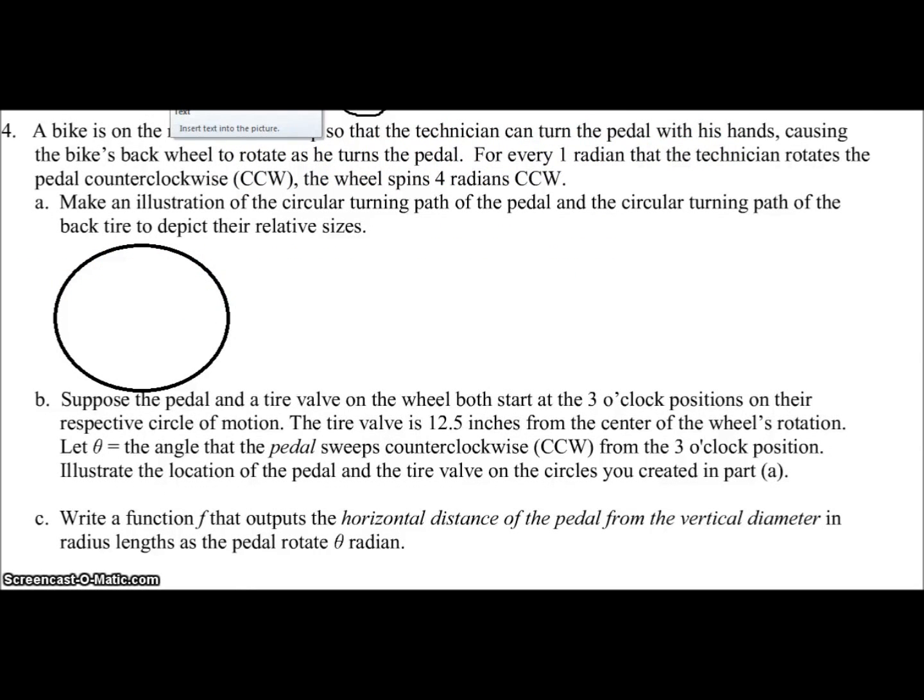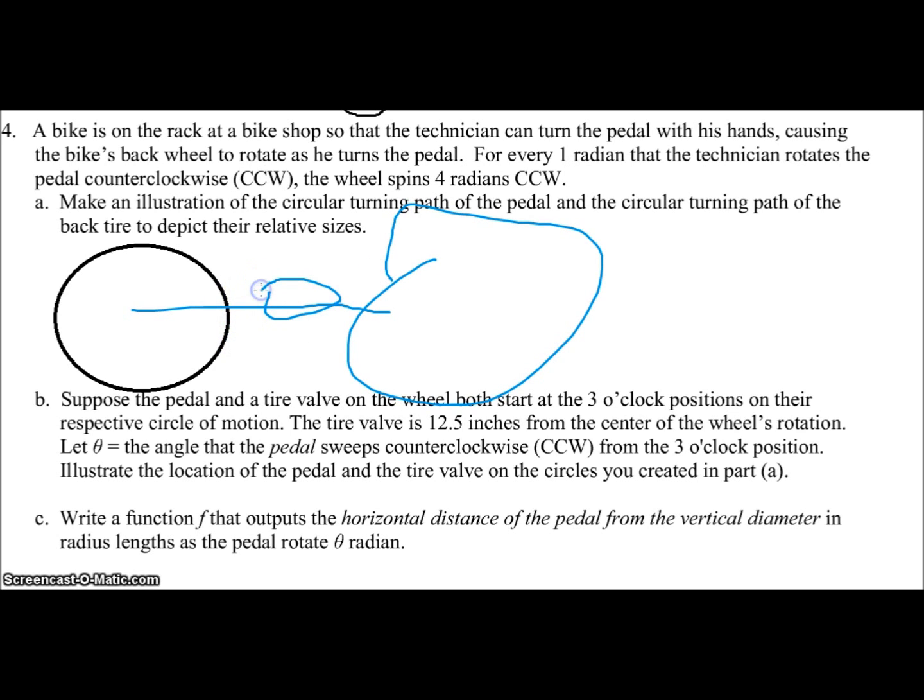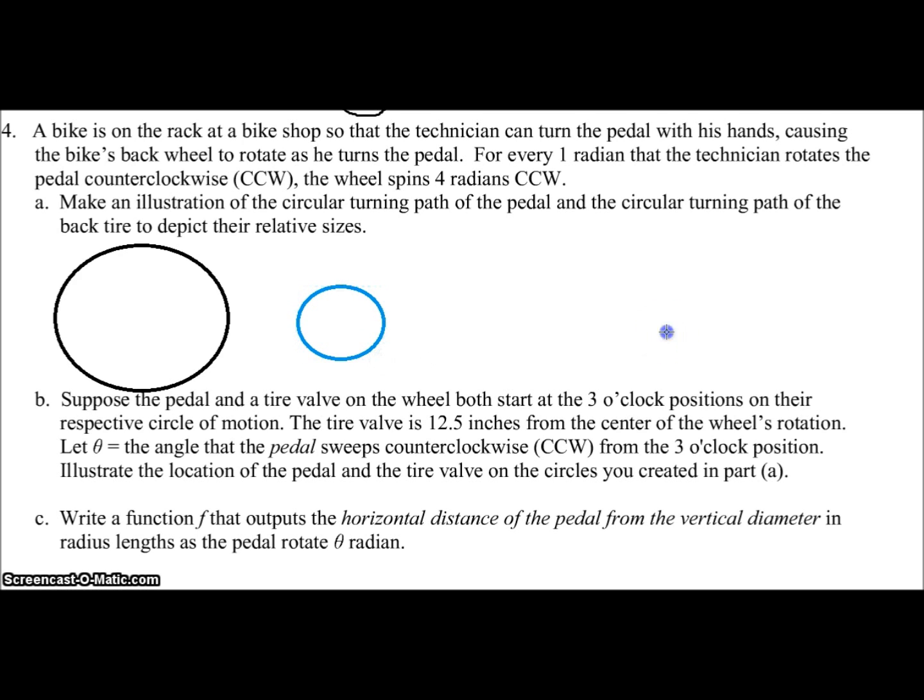So here's my bicycle tire, and then I assume if it was a bicycle, we'd have one tire and then another tire, and the pedals would be somewhere in the middle. So I'm assuming that the pedal is over here, and there's the circular motion of the pedal.